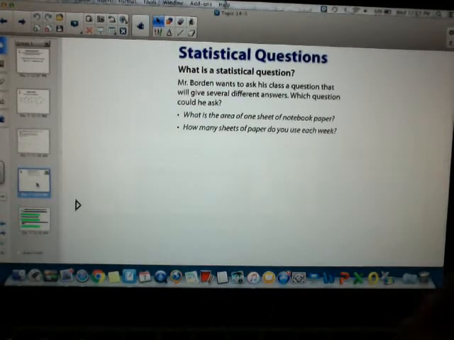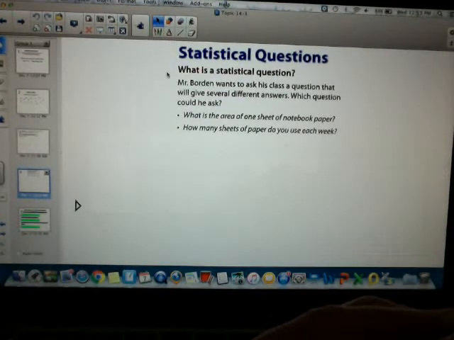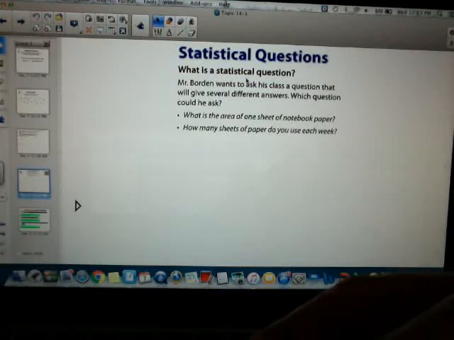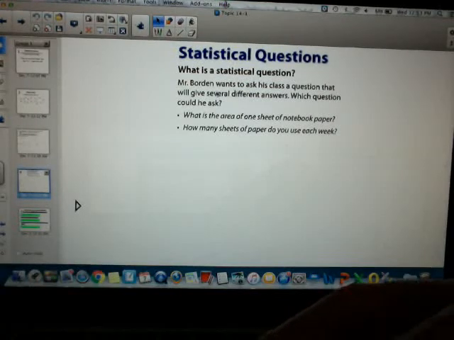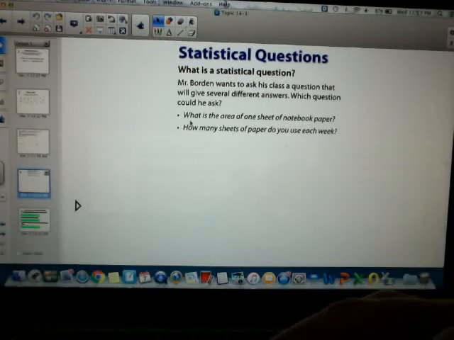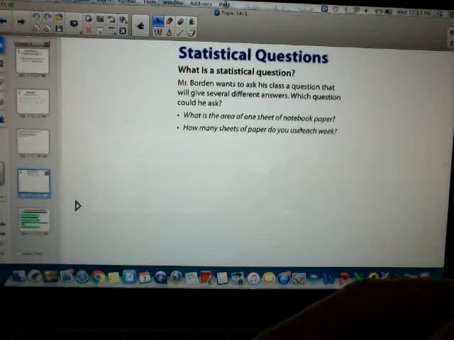Now, in your book, you'll see there is a question that begins with, what is the statistical question? Mr. Borden wants to ask his class a question that will give several different answers. So he wants a statistical question. Which question could he ask? Well, one of the questions is, what is the area of one sheet of notebook paper?